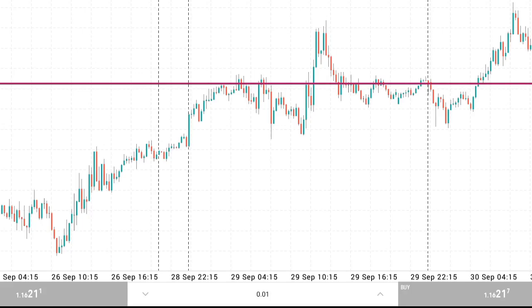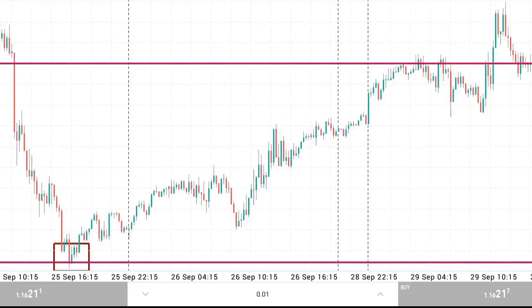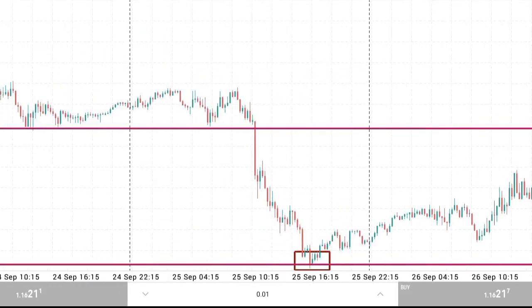Now, I want us to understand something also. Part of the key characteristic is that these levels can switch roles. A broken support can become resistance, and a broken resistance can become support.